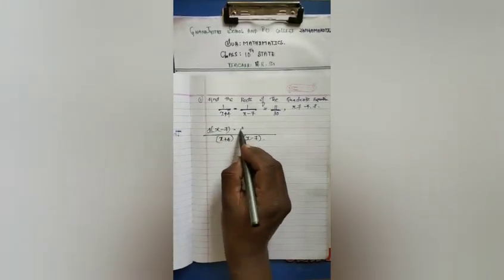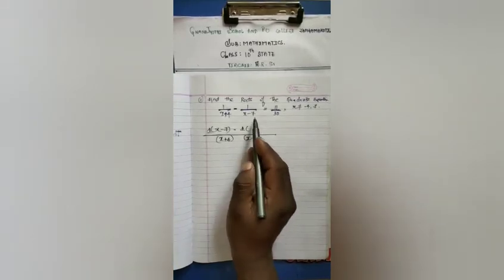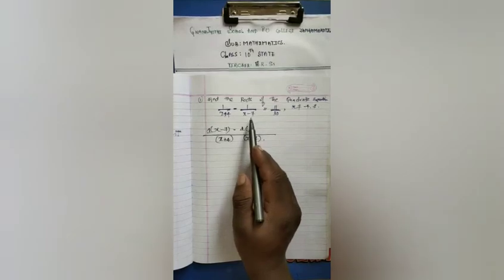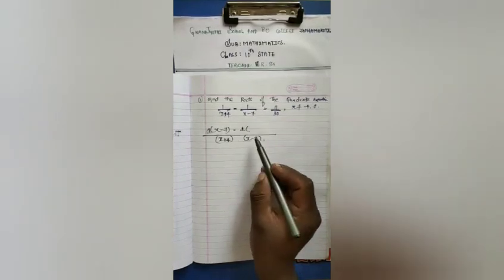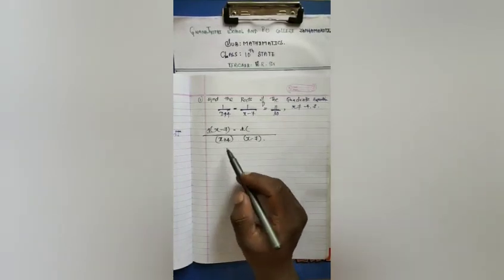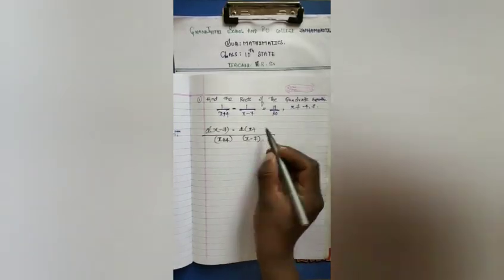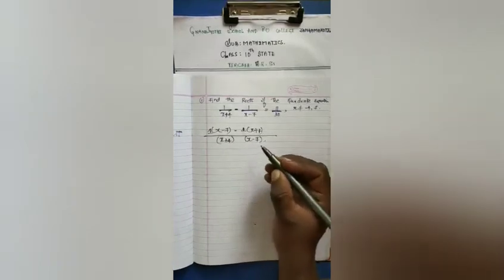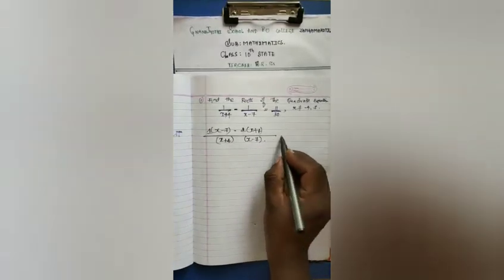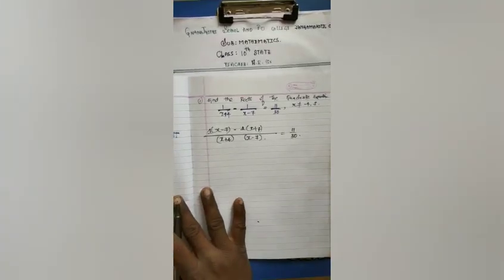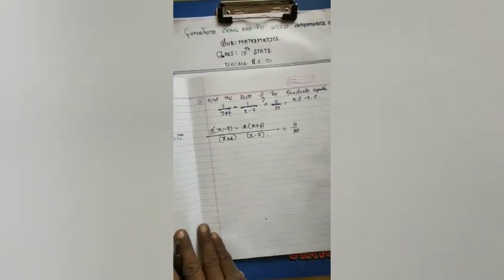Minus 1 into, when we multiply the LCM with the second term with denominator x minus 7, the missing factor is x plus 4, so it can be written as x plus 4, which is equal to 11 by 30.